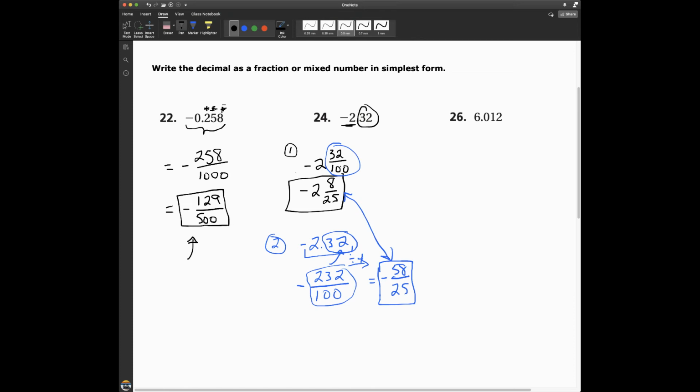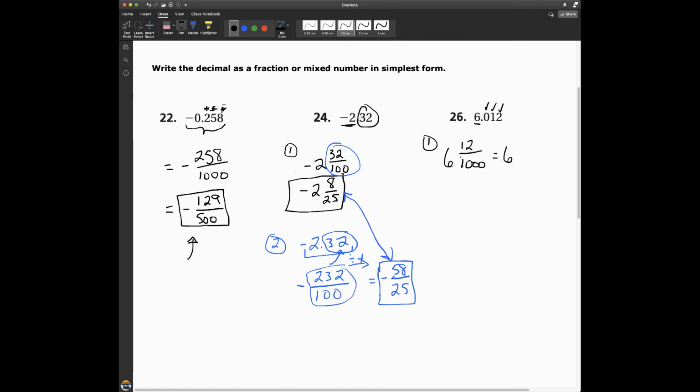Okay, so let's look at number 26. So for this one, the first way was to write down the whole part there, 6 and 12. This is the tenths, hundredths, thousandths place. So 6 and 12 thousandths. Okay, and we can simplify this.